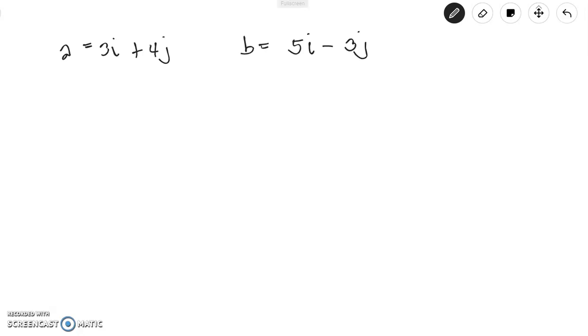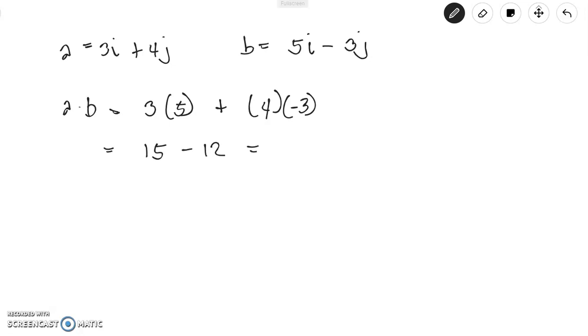So i represents the x component, and j is the y component. Therefore we can solve it as A dot B equals 3 times 5 plus 4 times negative 3. So we have 15 minus 12, which equals positive 3.